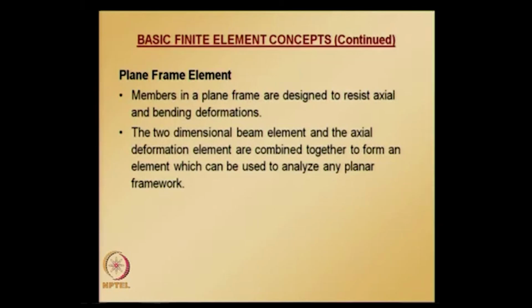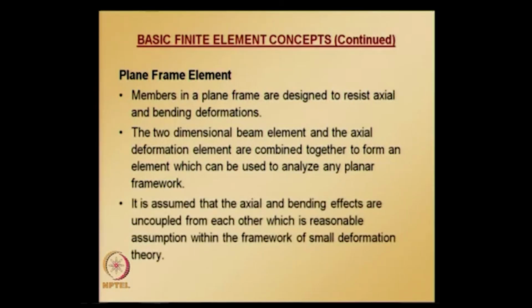While doing this, it is assumed that the axial and bending effects are uncoupled from each other, which is a reasonable assumption within the framework of small deformation theory. So the equations for a plane frame element can be written directly from the axial deformation and beam bending equations that we looked at in the earlier lectures.